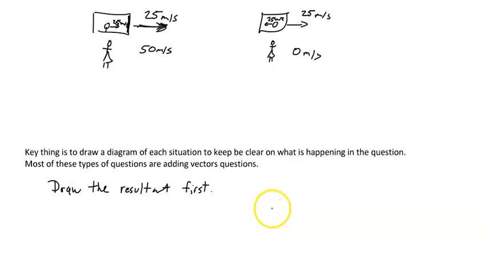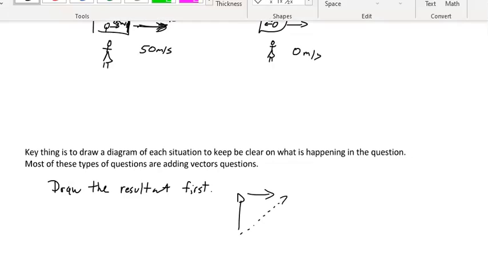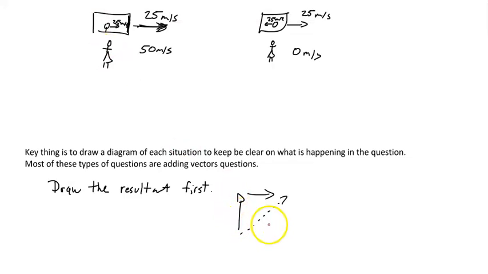Based on the scenario, we'll draw the resultant first, usually with the dash, and then we've got to make the other vectors come together to make that resultant, because intuitively, people are usually pretty good at figuring out what this one should be.